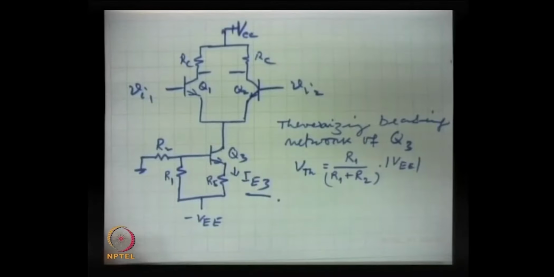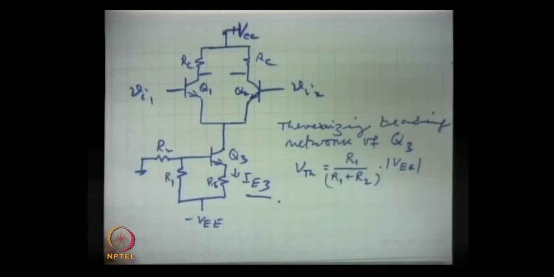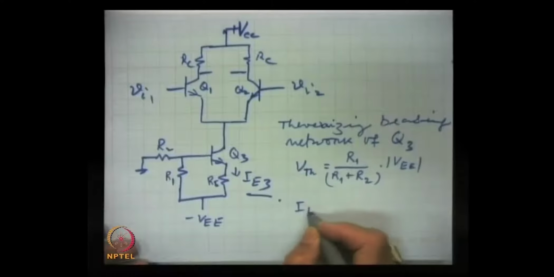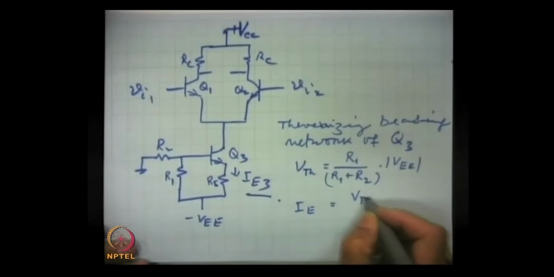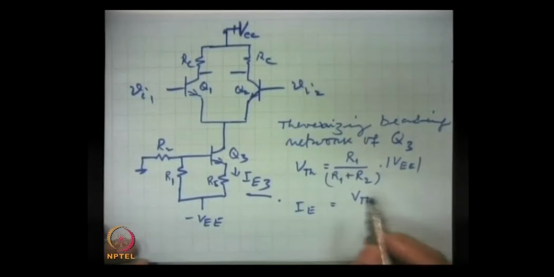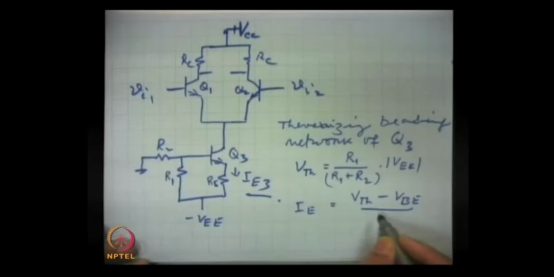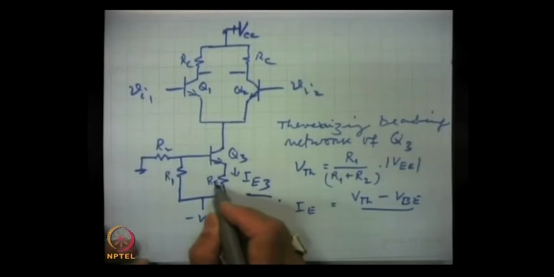This is that, and the ammeter current, as we have done several times when we were talking about the bipolar transistor, the ammeter current I_E is V_TH, that is this voltage which we calculate, minus V_E by resistance R_E, this resistance R_E.